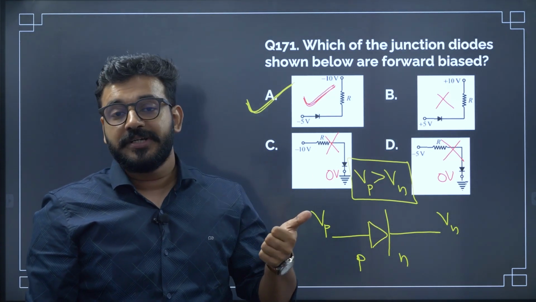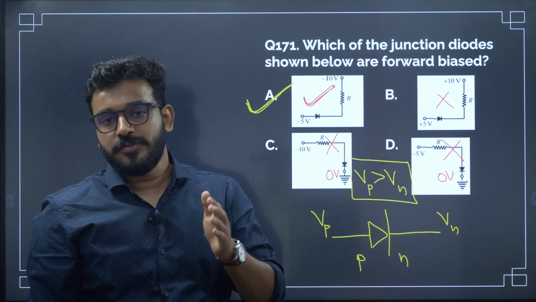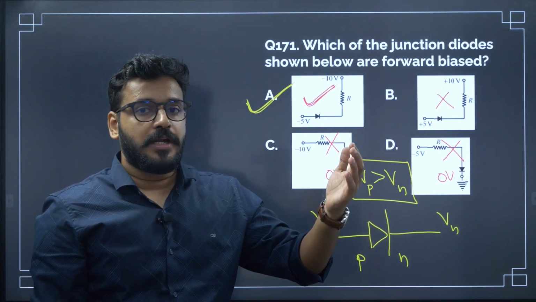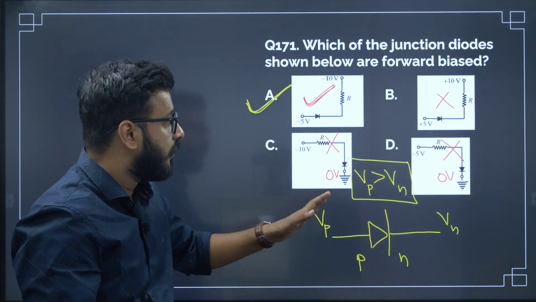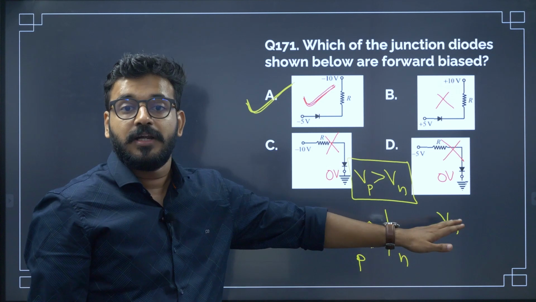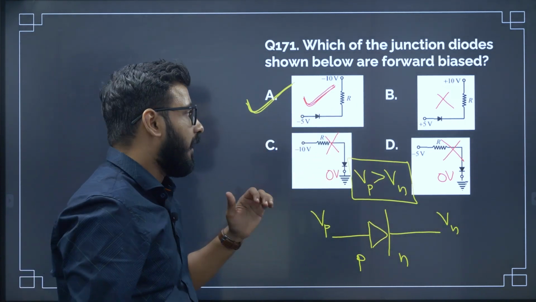Look at the potentials that P and N are connected to. If P is connected to greater potential, it is forward bias. If N is connected to greater potential, it is reverse biased. Alright, so this tip will help you a lot in this kind of questions. There are questions where you have to calculate the potential, current and all that. So please keep this in mind.